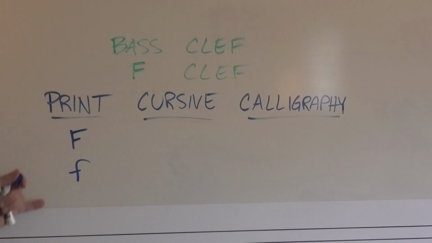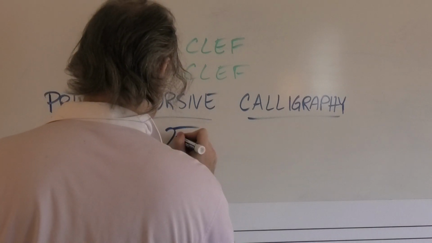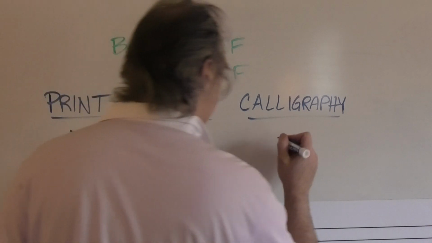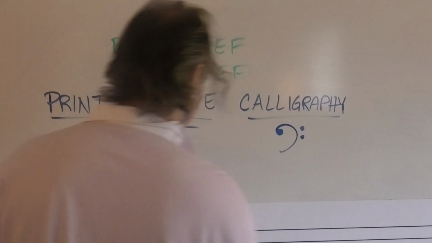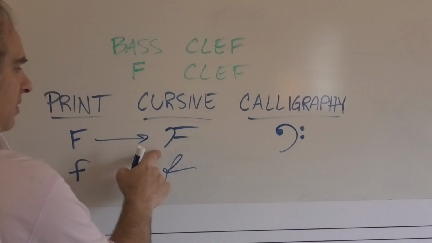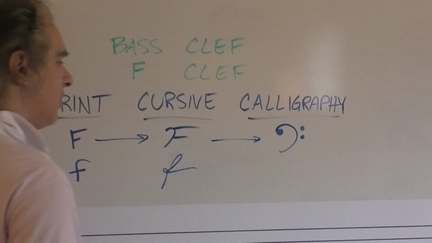That's how we write F in print. So the print turns into the cursive, and you can see how the cursive turns into the calligraphy.